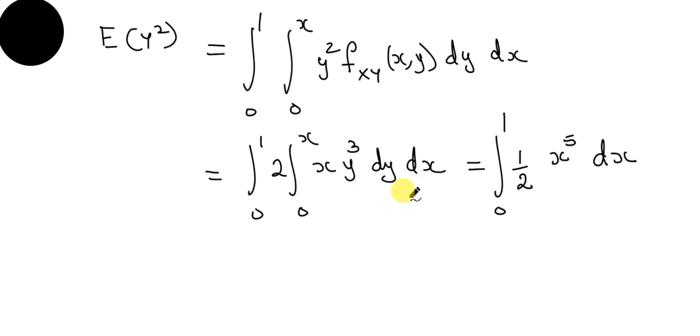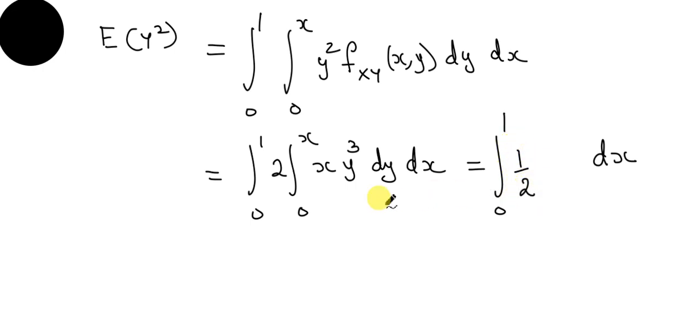Is it so? Please check your answer thoroughly before you go on. See what happens in this location. I will have y power 4 by 4, so x power 4 by 4, 4 into 1 by 4 into 2.